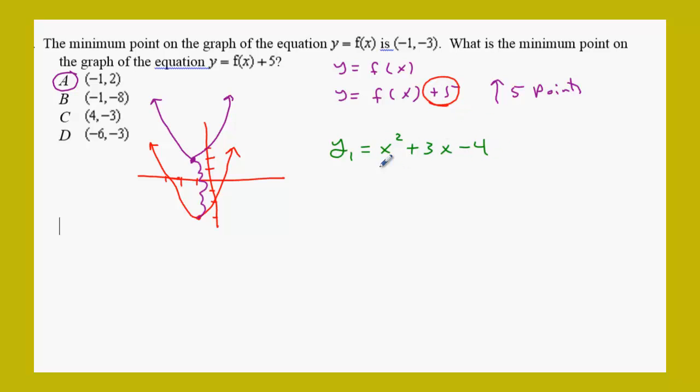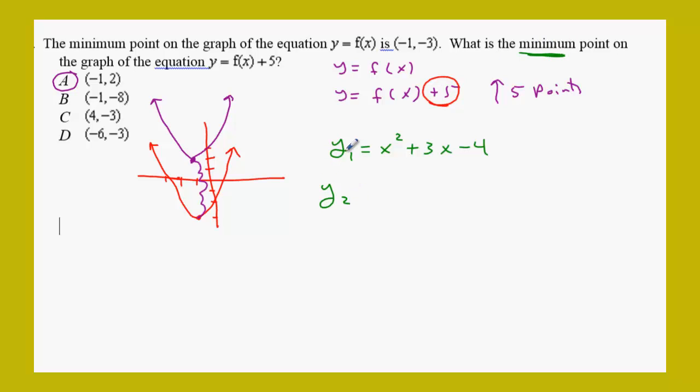I'm just putting in any numbers, and I know this is going to be quadratic. It could be linear or exponential, but we just don't want to go there. We're looking for the minimum, which is quadratic.